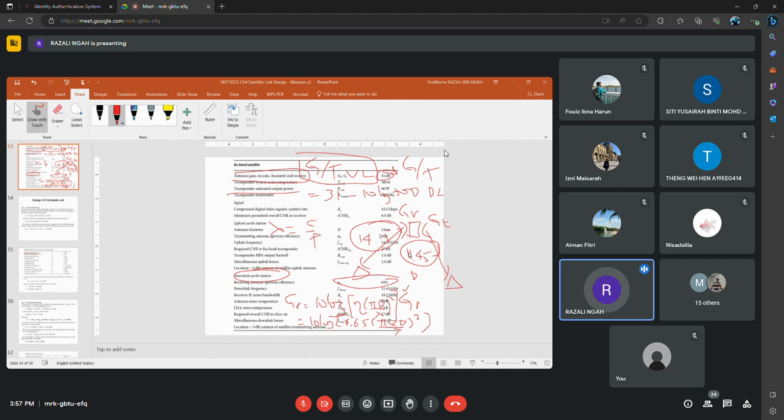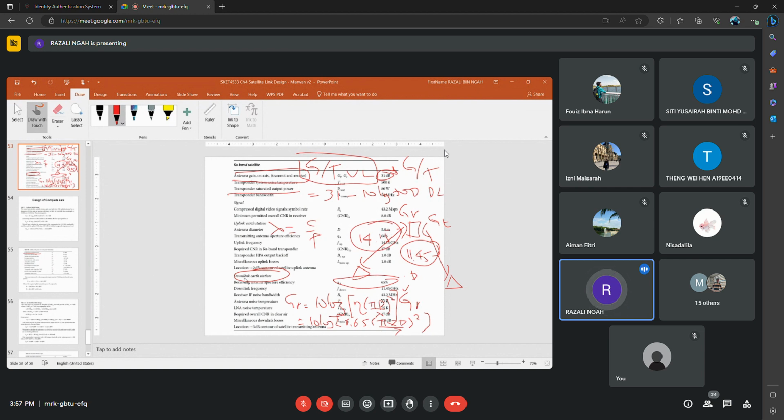Besides, we may have a different gain for the earth station antenna. For example, if you refer to the antenna diameter here, D is 5 meter.